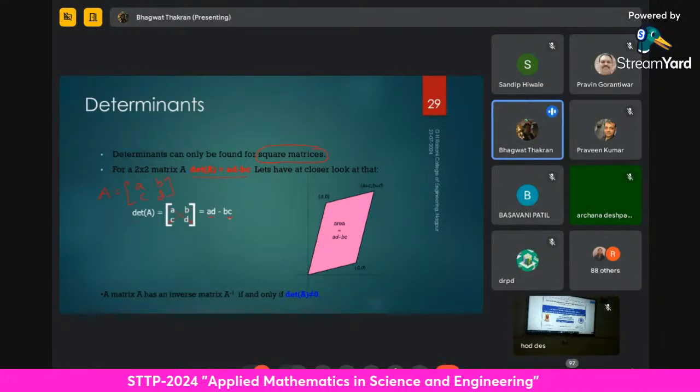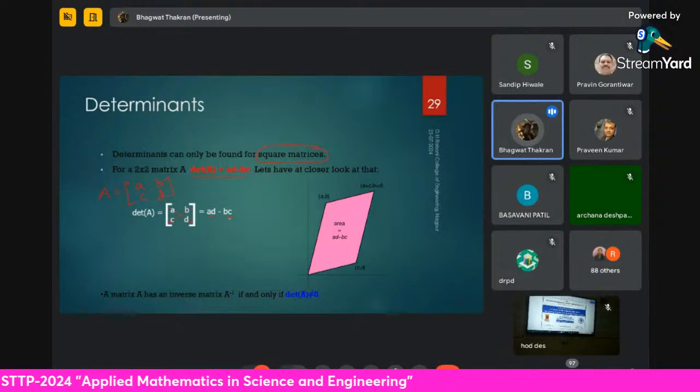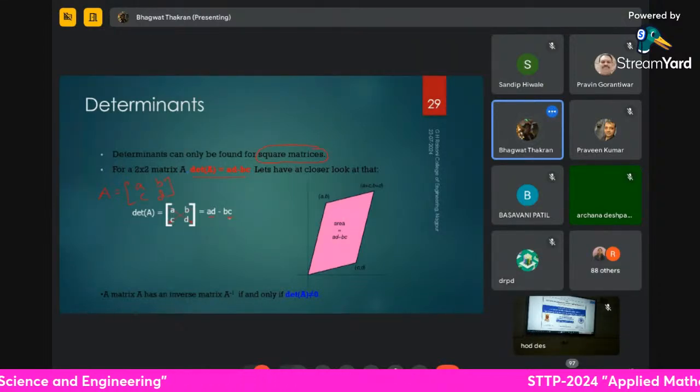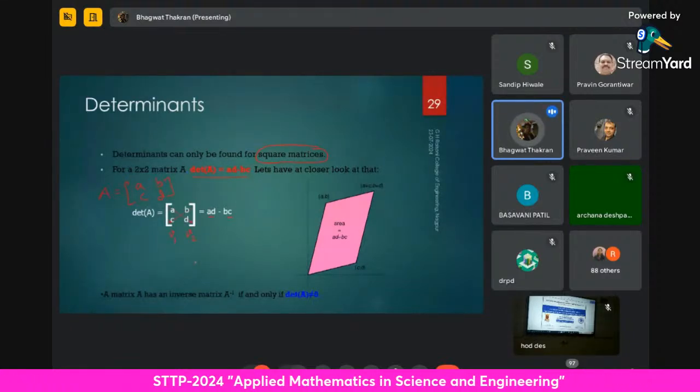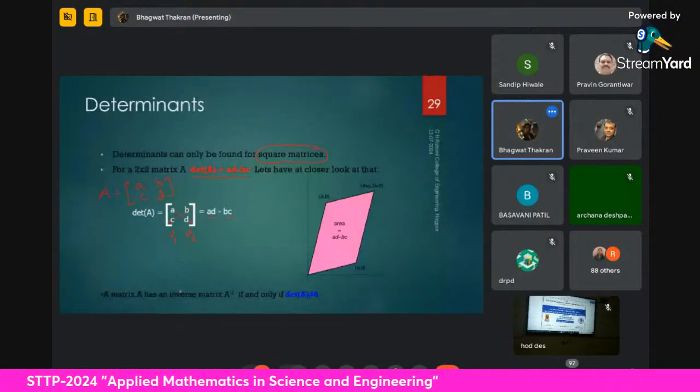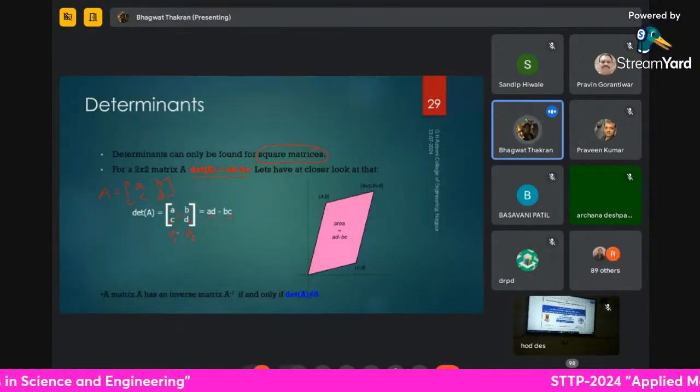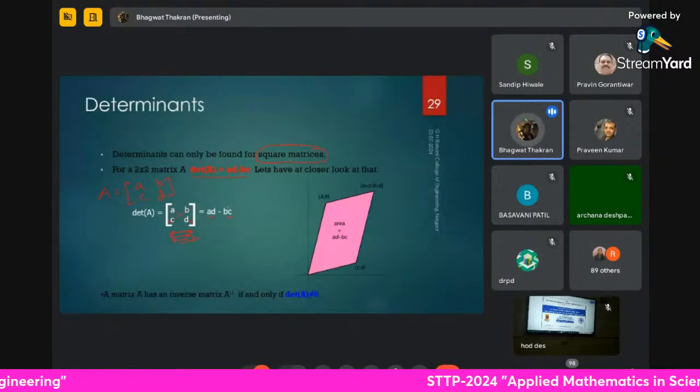From childhood we are learning this formula. But if I consider these as vectors v1 and v2, or you can consider vectors (a, b) and (c, d), it doesn't matter in which format you take them.